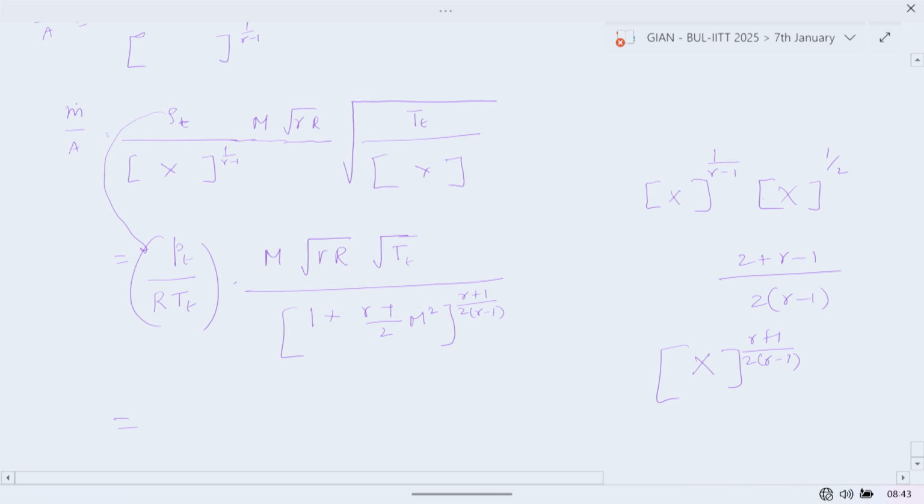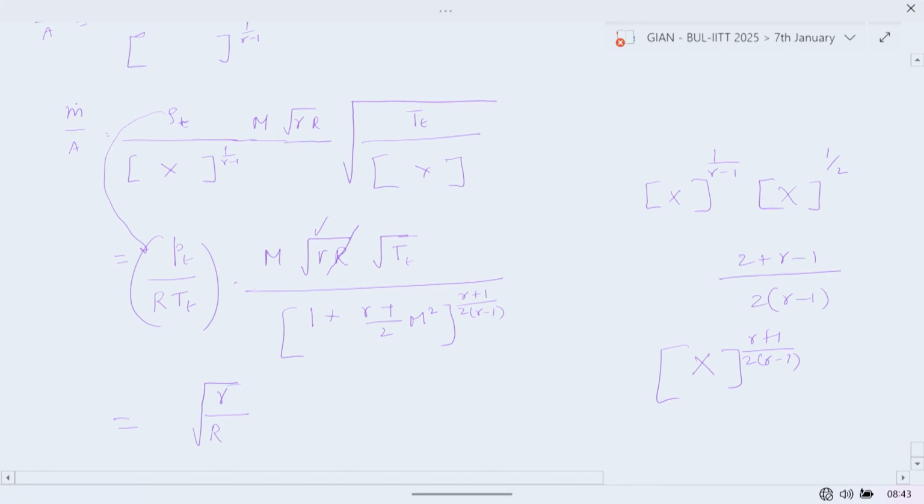Now I have one square root of gamma in the numerator. Is that clear? If I cancel off this square root of R, I will have one square root of R in the denominator.